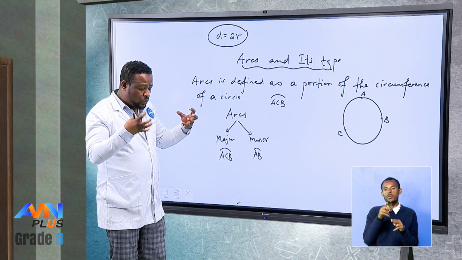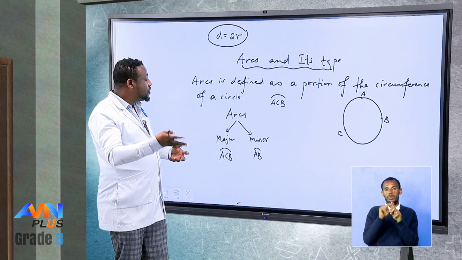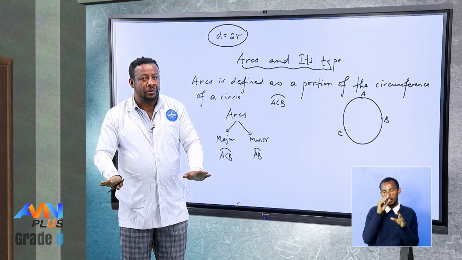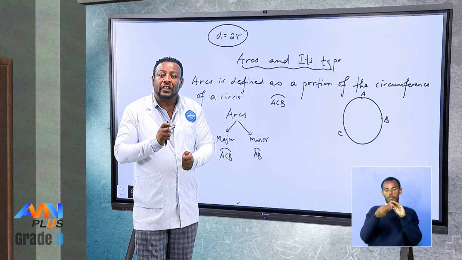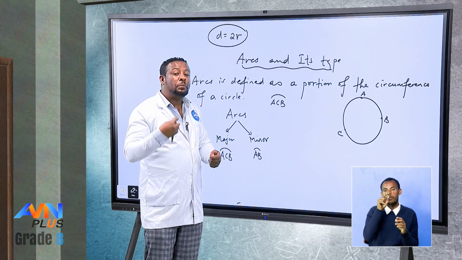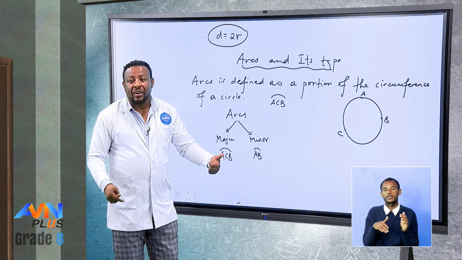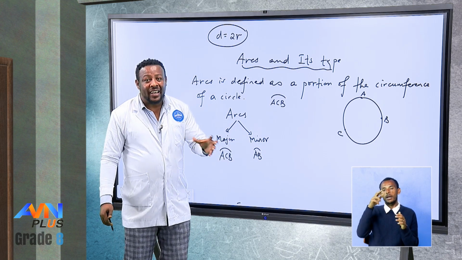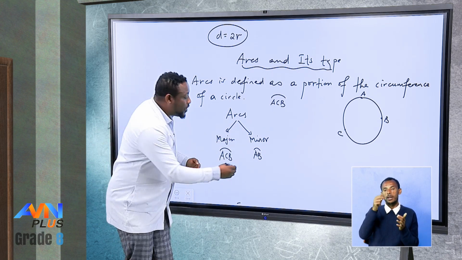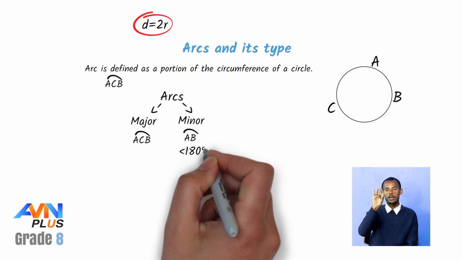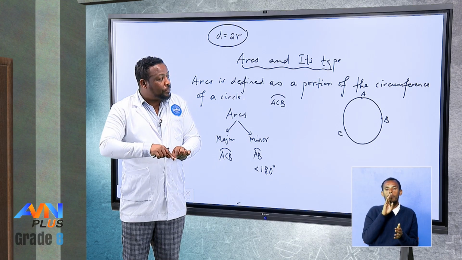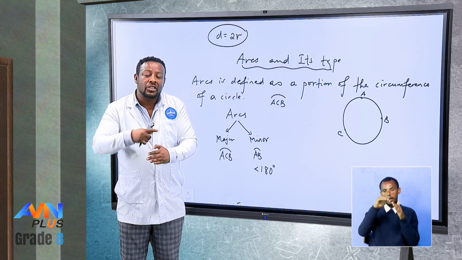You need to sense what we mean by major arc and minor arc, right? So in terms of number, a minor arc is an arc whose degree measure is less than 180 degrees, okay? That means it should be an arc less than a semicircle.